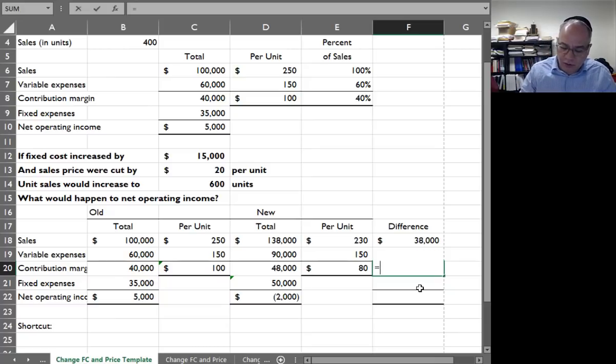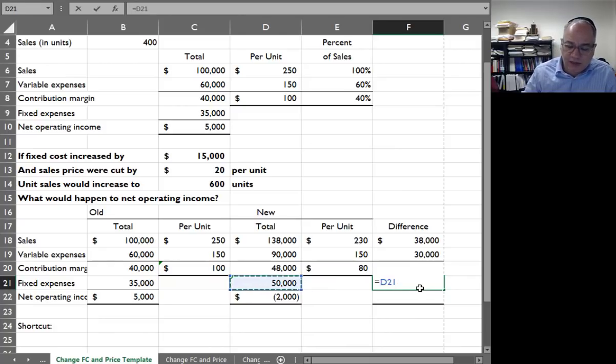So contribution margin is going to be an $8,000 increase. All right, that's good. The problem here is that fixed expenses are going to go up by $15,000, resulting in a decrease of net operating income from $5,000 down to negative $2,000, and that really wouldn't be good.